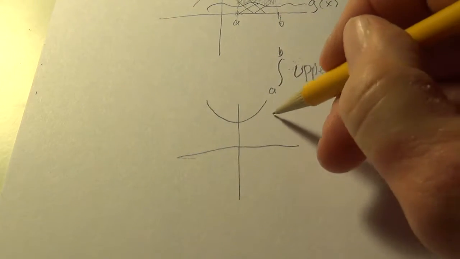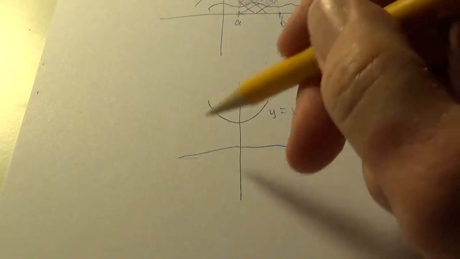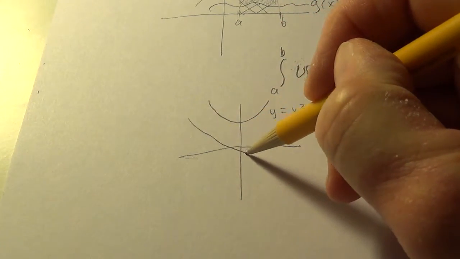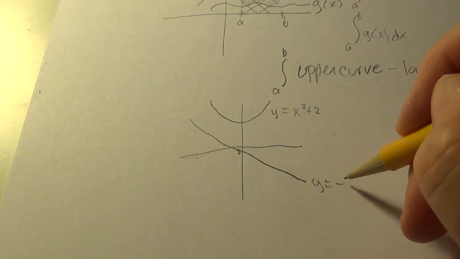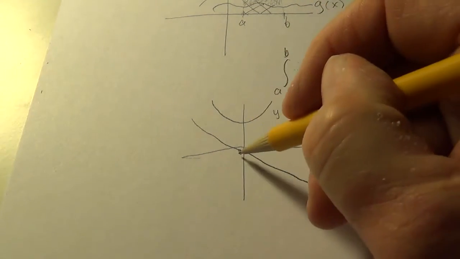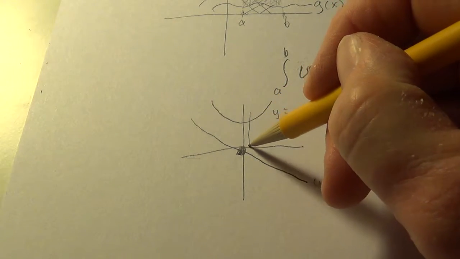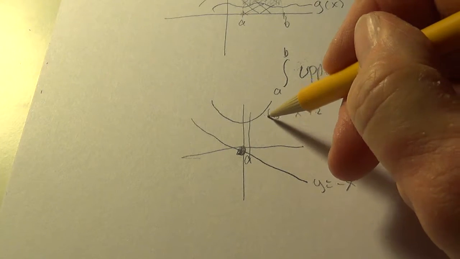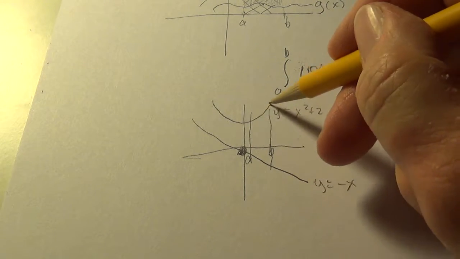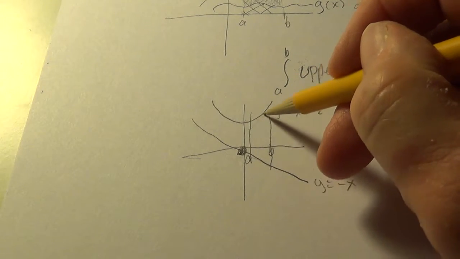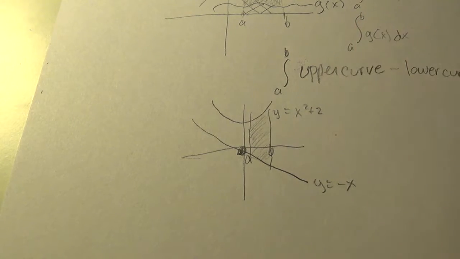And if this is y equals x squared plus 2, and say this one goes through the origin, y equals negative x. Suppose I want the area from A to B between these two curves. So the area between these two curves, we have this whole area that I'm lightly shading.